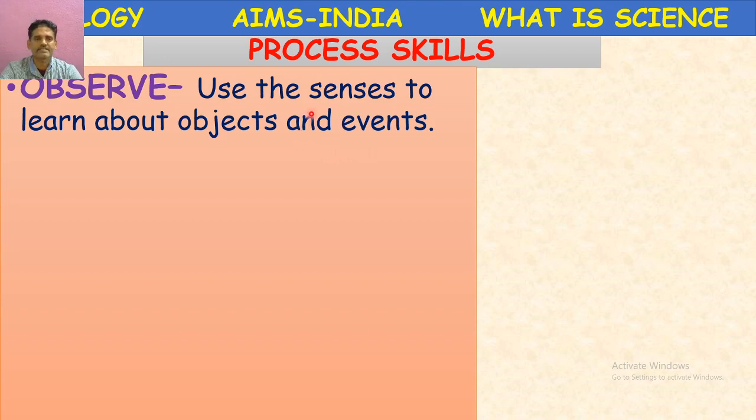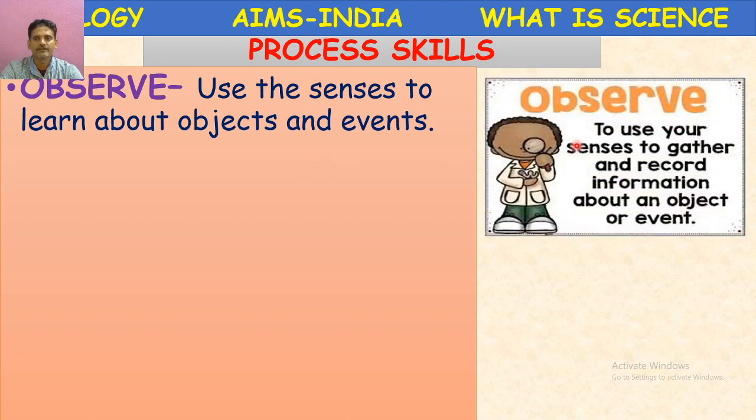All the possible senses required, you have to use in observing. That is called keen observation, the first process skill. Use your senses to gather and record information about an object or event. Whatever you observe, you have to record it.